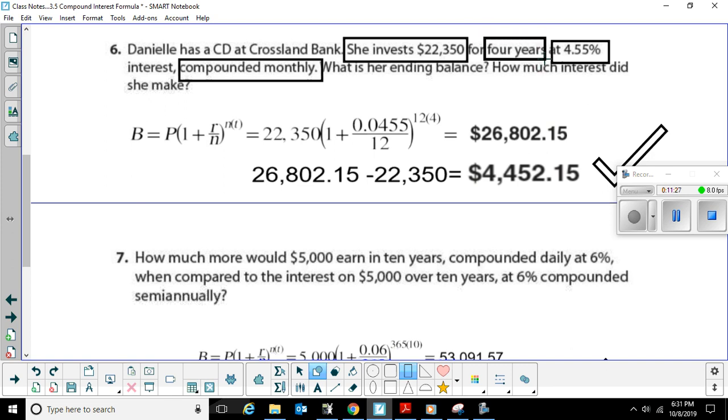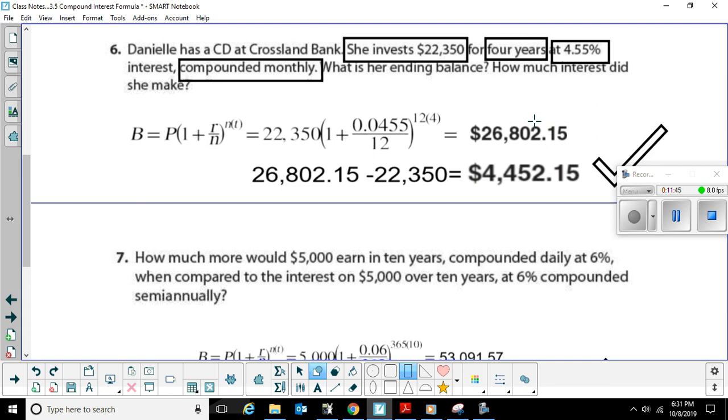Okay, all right, so run some numbers. Here's my principal, here's my rate, the number of times I'm compounding it, the number of years I'm investing it. All right, so my ending balance is going to be $26,802 and change.